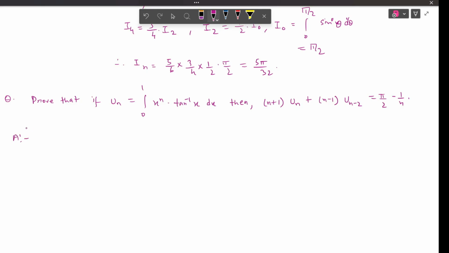So let's prove this. We have un as the integration from 0 to 1 of x to the power n tan inverse x dx.